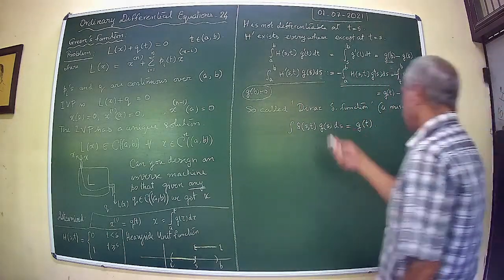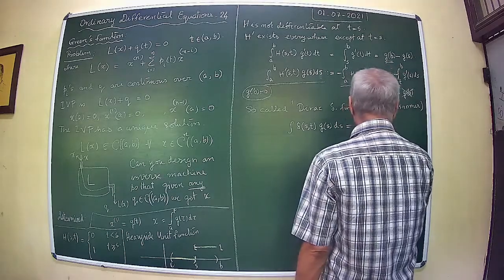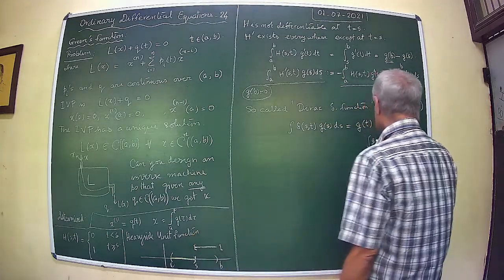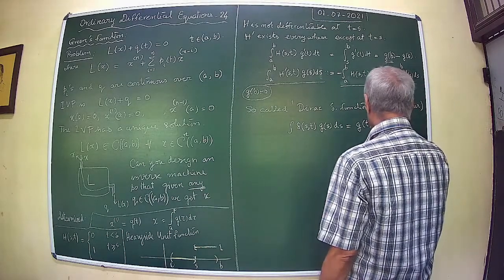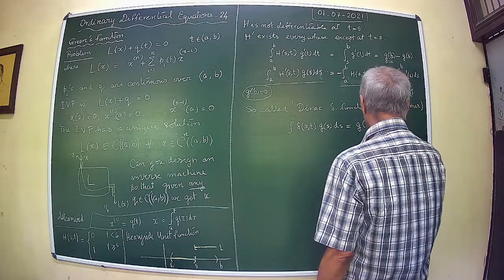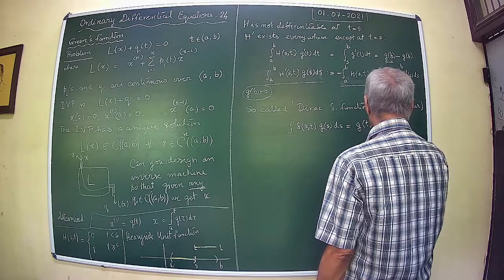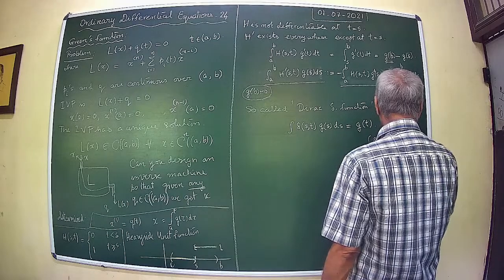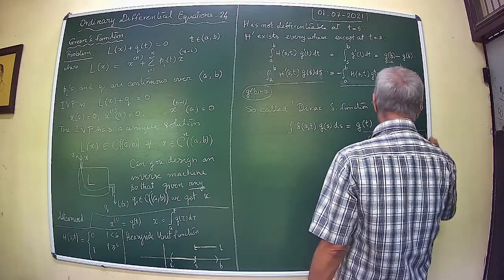In fact, what they did was they looked at this function, the one I have defined, g(t) or delta(t), which picks up the value f(0).